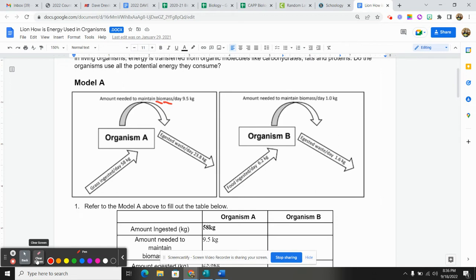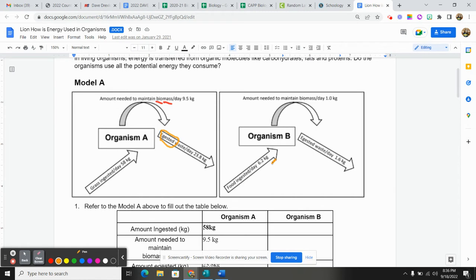All of that stuff is maintaining your biomass. That's your living stuff. That's your living space. And then the second part here says egested waste. So egest, that basically is poop. So that is the amount that is just pooped right out.